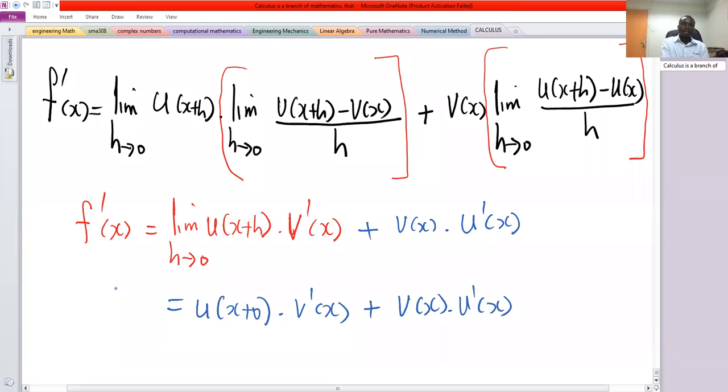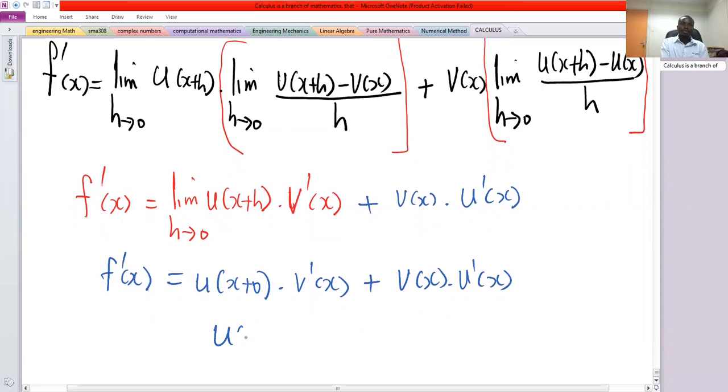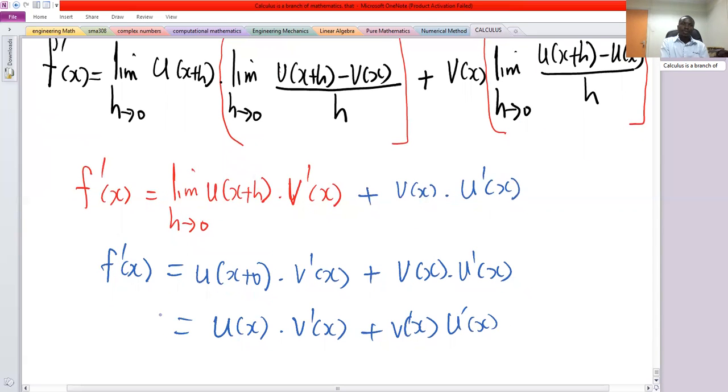So this is f prime of x. And x plus 0 is just x. So this will be u of x times v prime of x plus v of x times u prime of x. So this is the final answer.